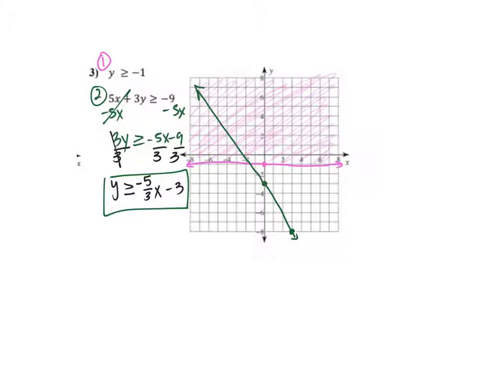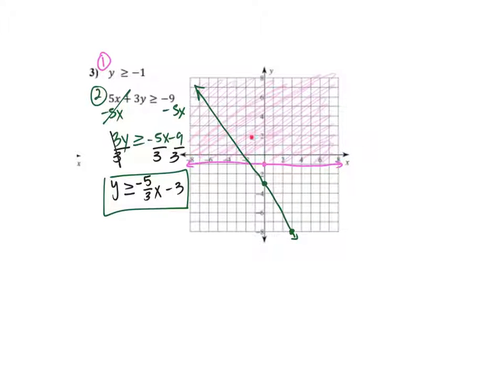And then I'm going to grab my highlighter and I need to do the shading. It does say that y here is bigger. So notice that if this is the line, and this is the y-axis, well, y values that are bigger are going to be on this side of the line, so I want to shade this side of the line.